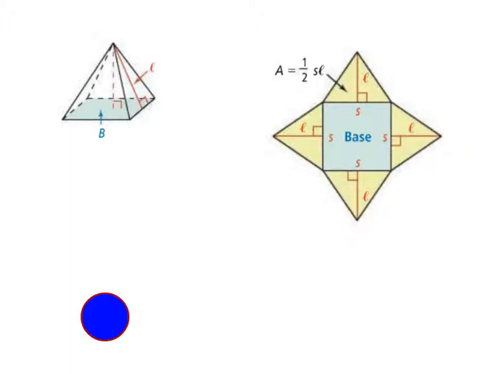Now, you have to take that times how many there are. So however many sides there are, we usually call that n. But if you think about it, if I were to take that times n also, let's look at what n times s is always going to get you. The number of sides times the side length. That's perimeter again. So the ns piece is your perimeter. So I'm going to write a surface area formula.